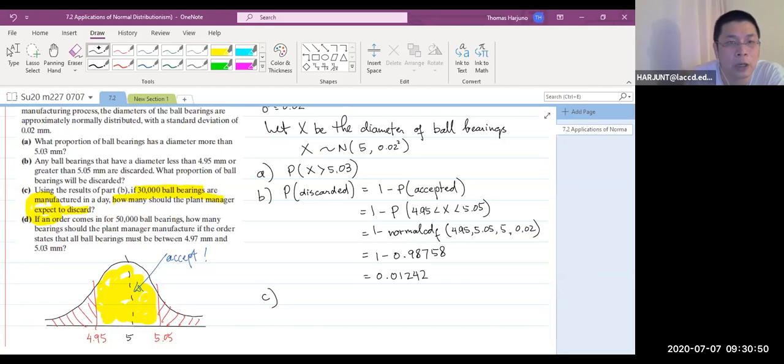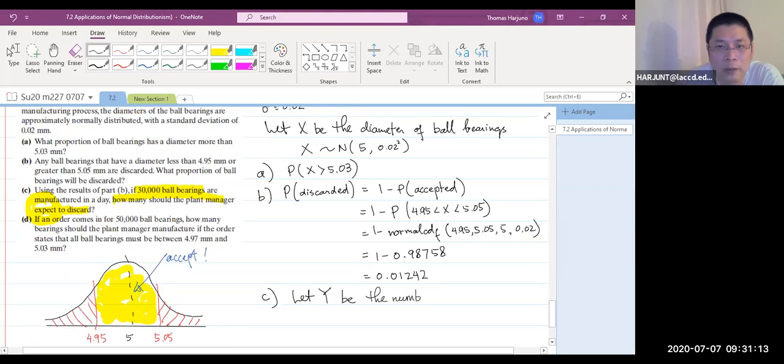Okay, now I want you to realize that what makes test 3 even more difficult when it comes to compounded random variables is because of this. What happened here is I need to define a new random variable. Let Y be the number of ball bearings discarded.